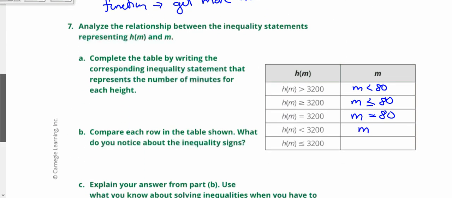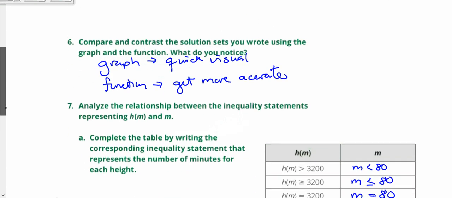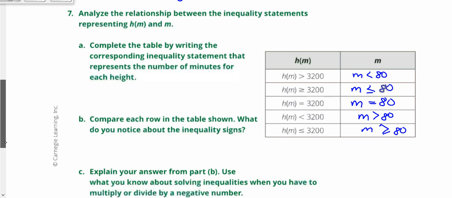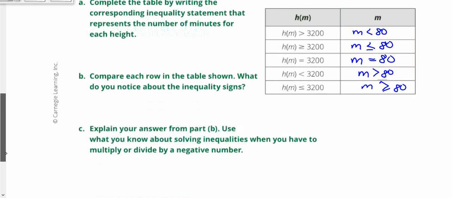That means m is going to be greater than 80, and m is going to be greater than or equal to 80. Sorry, it keeps jumping around like that.